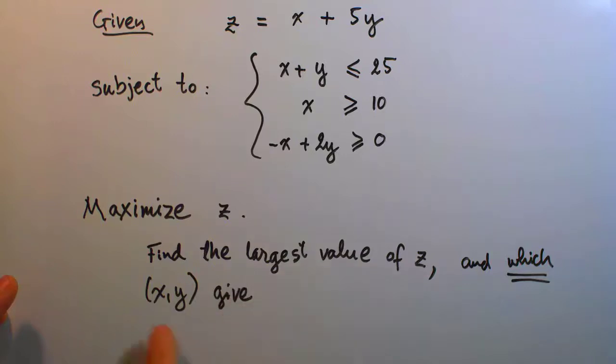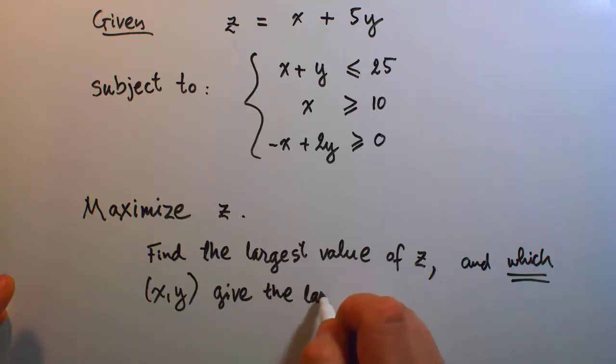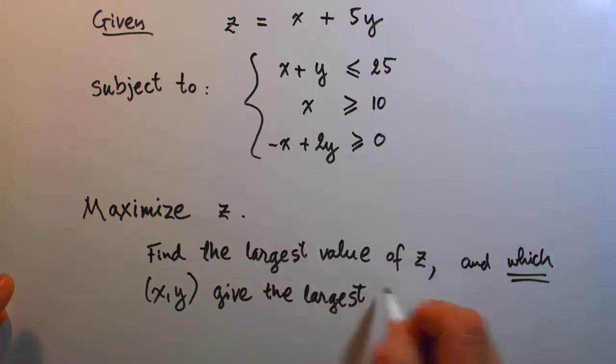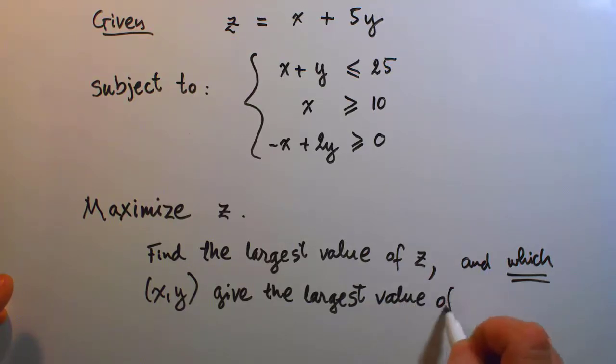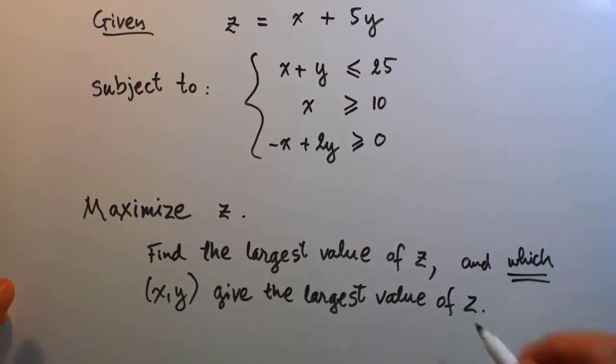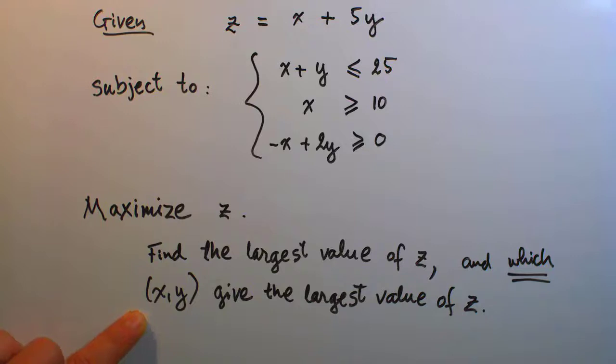It could be more than one pair. Many times you can also understand this second statement as: which pair of x and y makes the value of z largest.